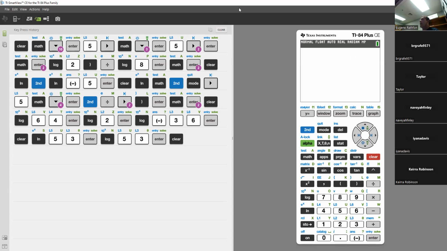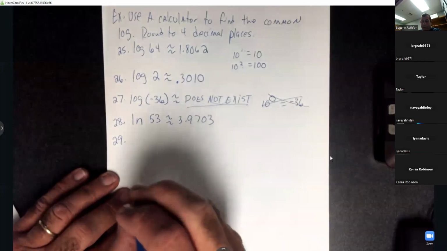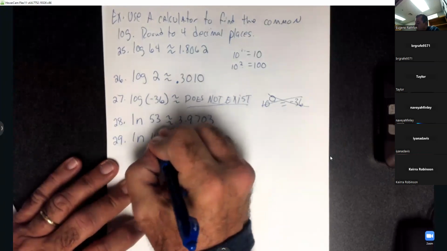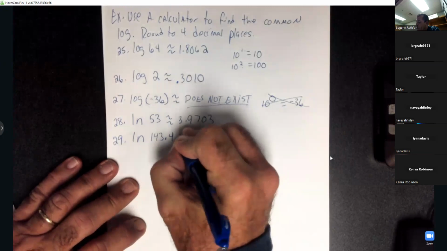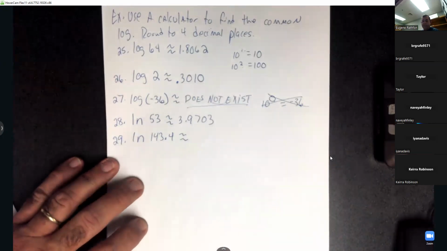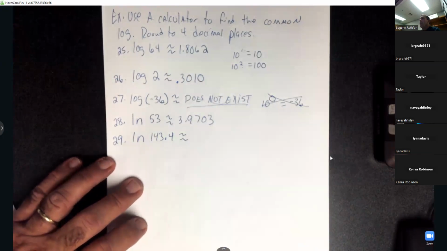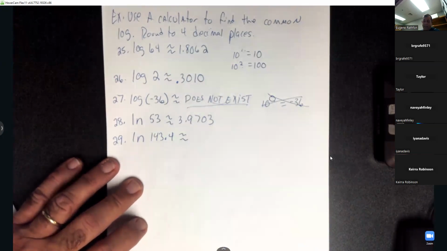All right, y'all, number 29. I want y'all to do the LN of 143.4. So push in the LN of 143.4, see what we get.